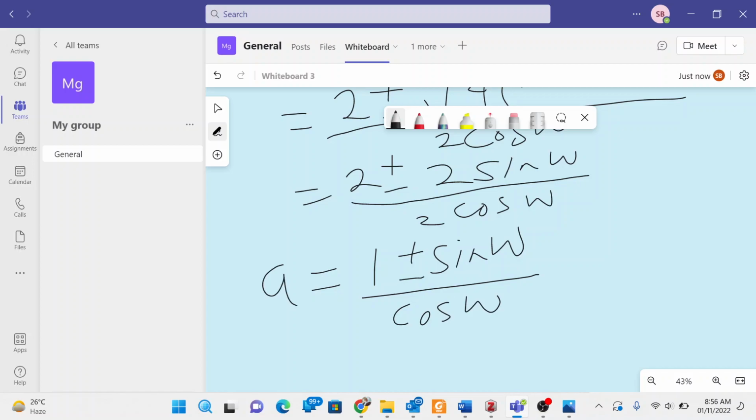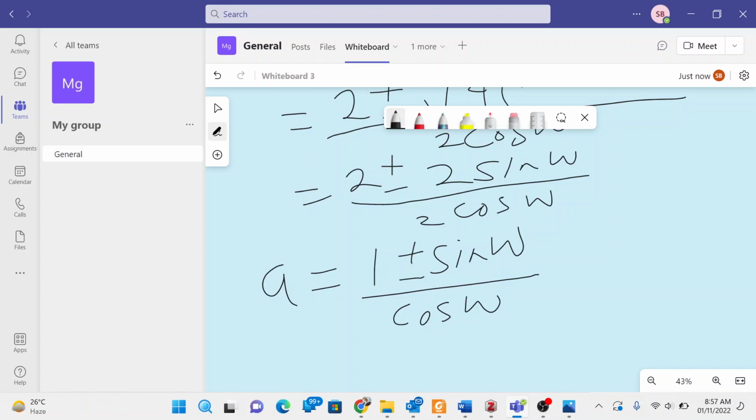So that's the value of a. Since this value of a has two versions, we are going to choose the one that will make the system stable, and the one we are going to choose is 1 minus sine omega.